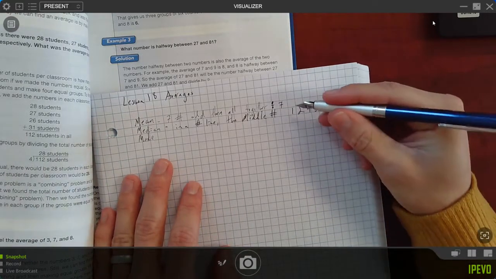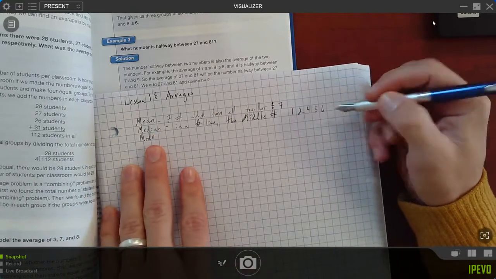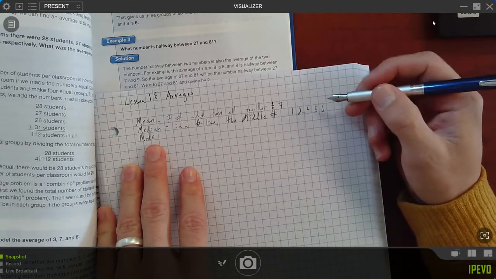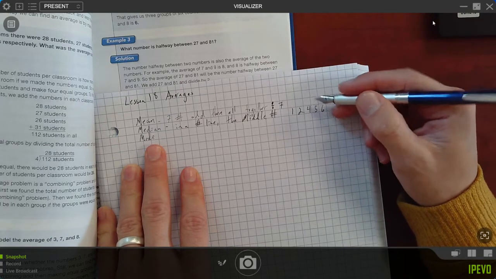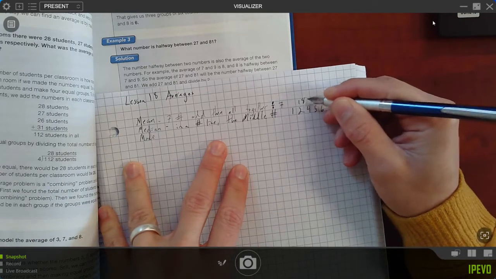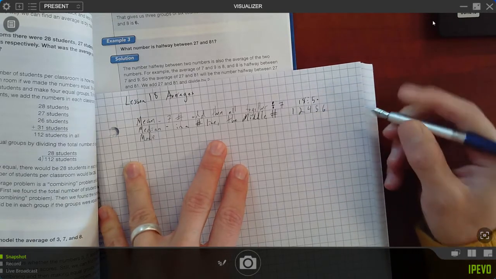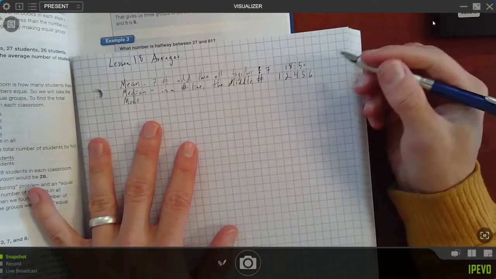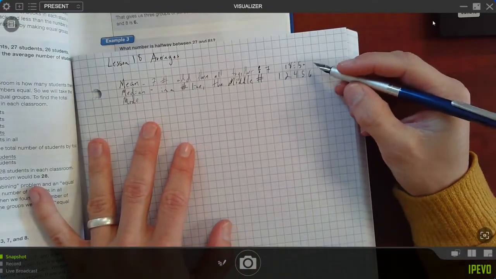So for our mean, we would add all those up and divide by 5. So 4, 5, 6, 7, 13, 18. So it'd be 18 divided by 5 would be our mean for this. 18 divided by 5, which is what, like 3.5, 3.2 or something? 3.3.